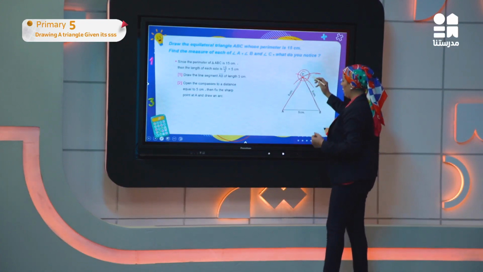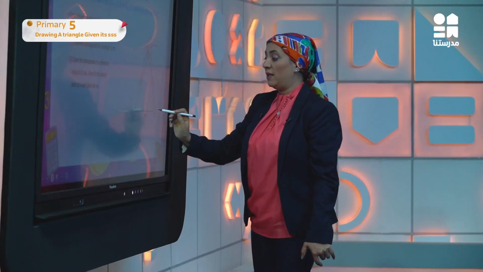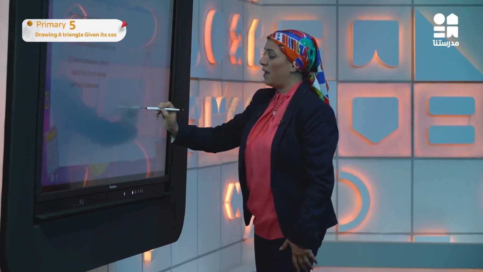So AC is 5 centimeters, BC is 5 centimeters and AB is 5 centimeters, which means that I have an equilateral triangle.